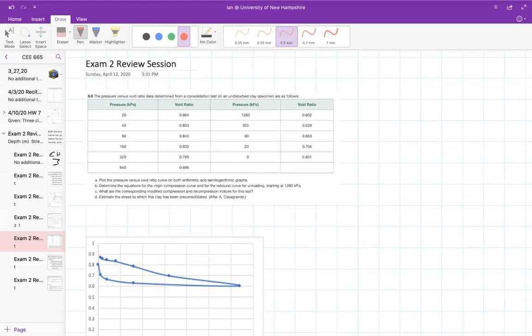We need to plot the pressure void ratio curve on both arithmetic and semi-log scale, determine the equations for the virgin compression curve and for the rebound curve for unloading, and starting at 1280 kPa, what are the corresponding modified compression and recompression indices for the soil, and estimate the stress to which this clay has been pre-consolidated, according to how Casagrande did it.